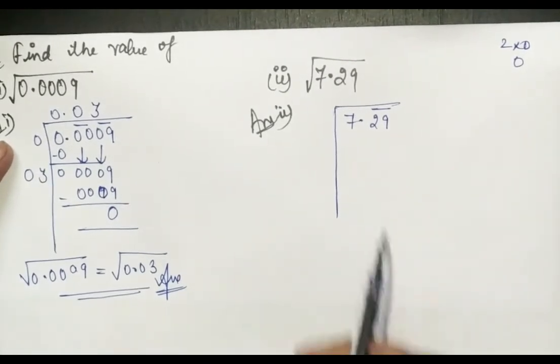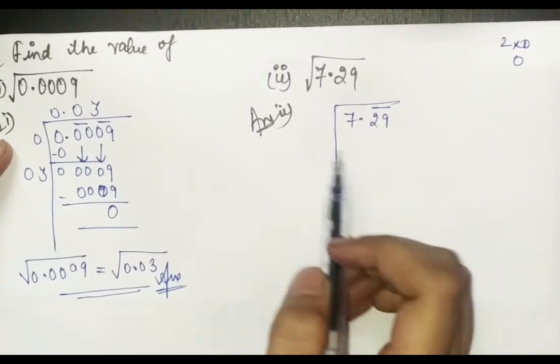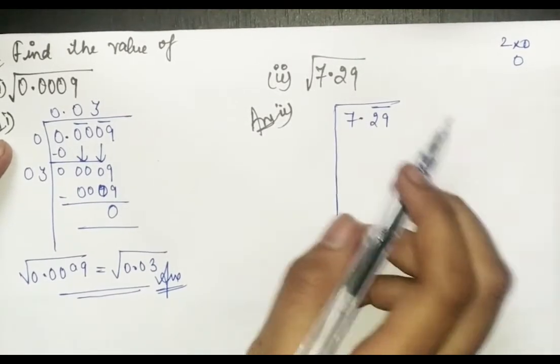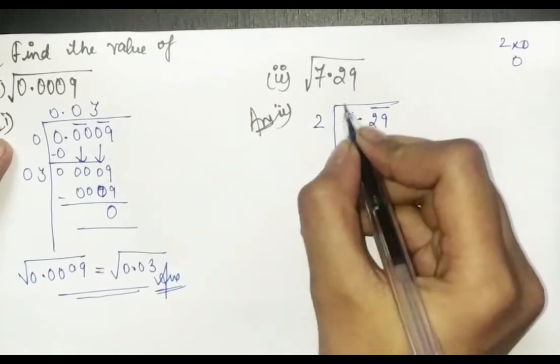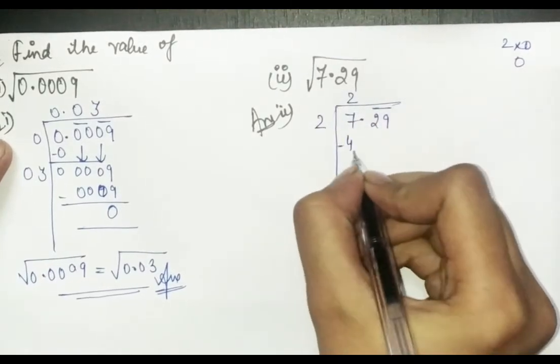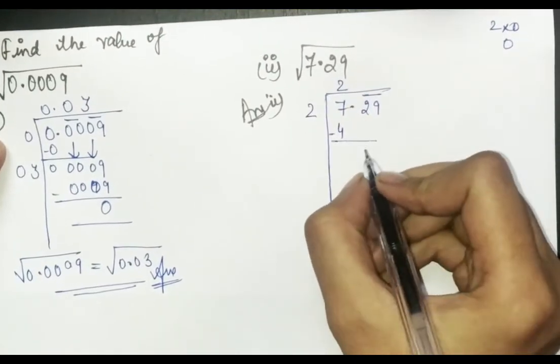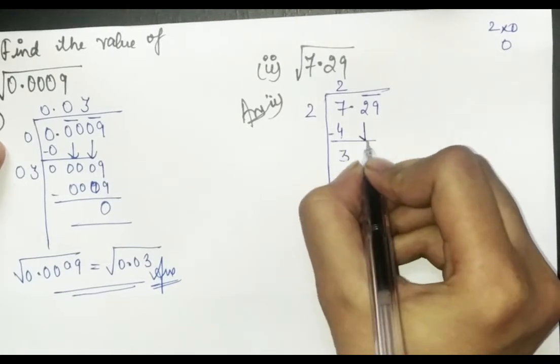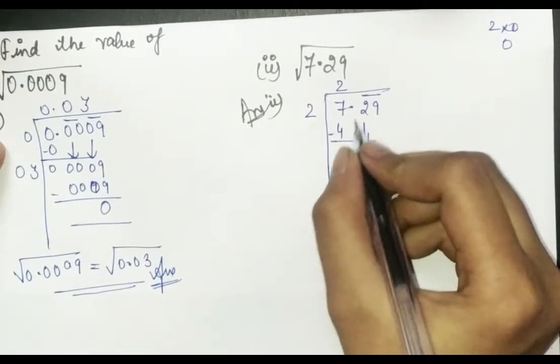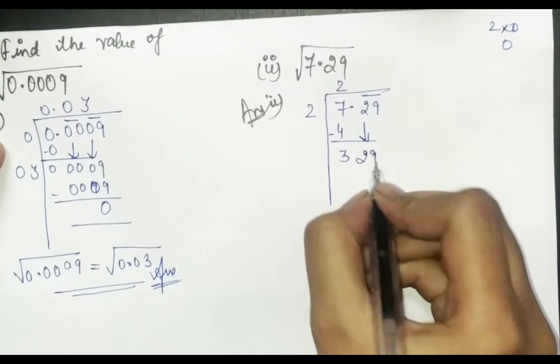So take the smaller square than 7, that will be 2 into 2, that is 4, minus 7 minus 4 is 3, and then we will be doing this pair here.